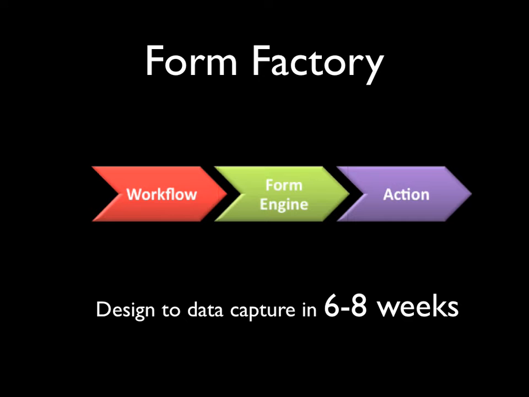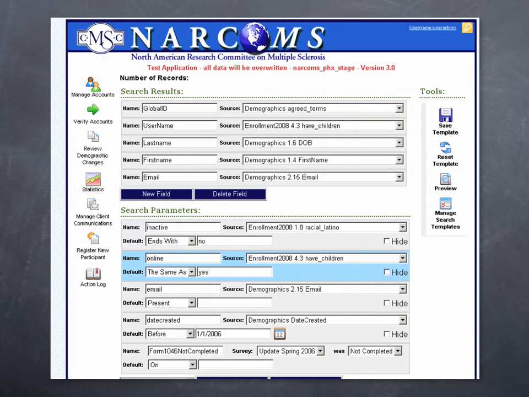So from a very macro perspective, we have a form factory. Workflow data elements are defined. The form engine publishes solutions which allow action-driven responses. Because there's no programming, design to data capture takes approximately 6 to 8 weeks. So if one were to dig down into the database, you can see very granular data about all the participants.